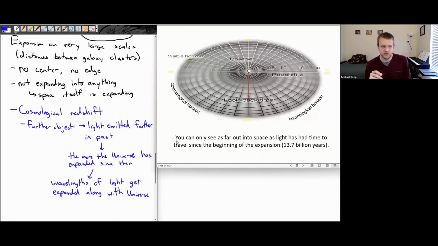A couple other things that we just want to note before we end out this session. If space is expanding, well, that means in the past, space must have been smaller. And it turns out if you keep on rewinding that clock, then eventually you get to a point where all of space was very, very compressed, where the geometry of space and time was all compressed.